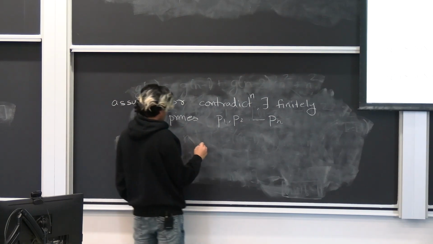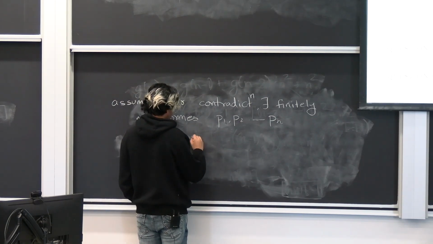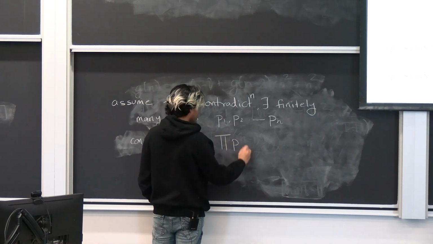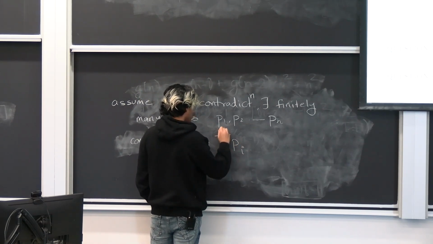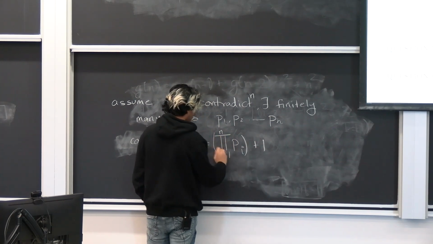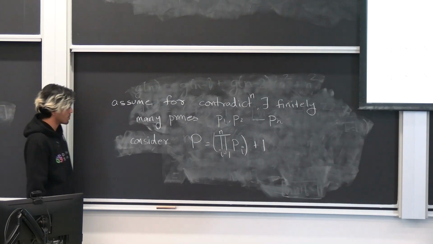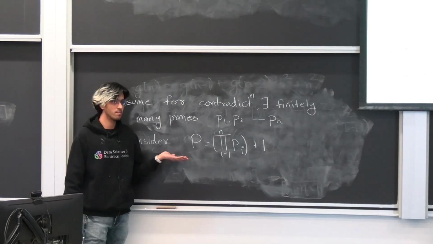Consider capital P as the product of the primes plus 1. Now we claim that P is also a prime.